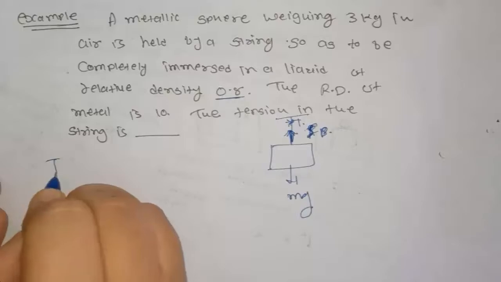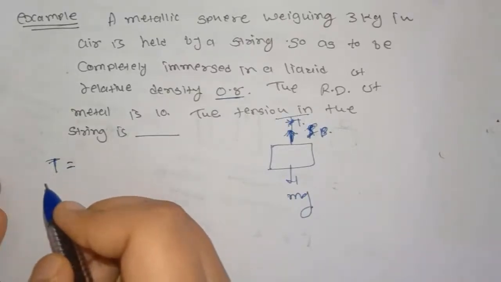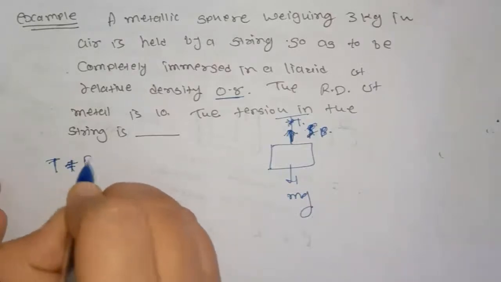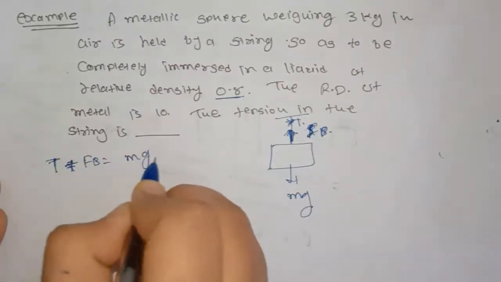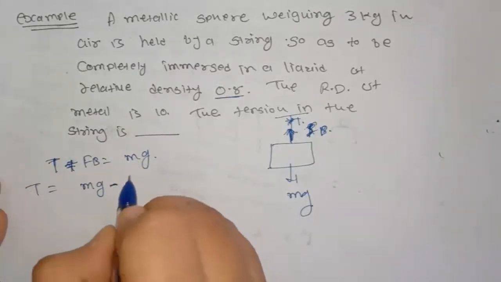So tension plus Fb will be equal to mg. So tension will be equal to mg minus buoyant force.